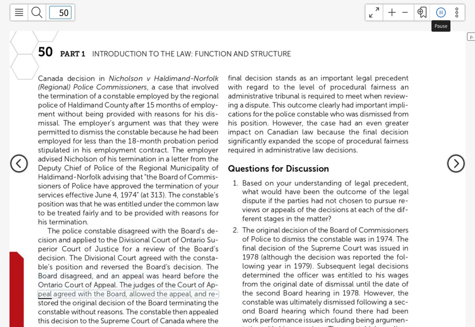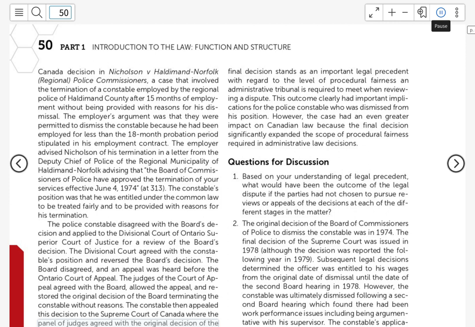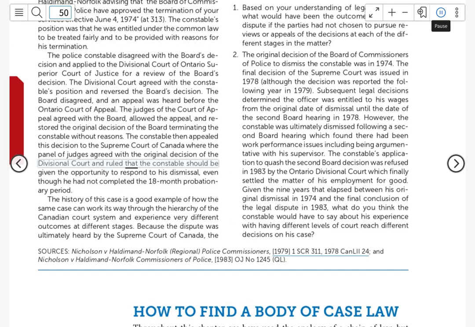The judges of the Court of Appeal agreed with the board, allowed the appeal, and restored the original decision of the board terminating the constable without reasons. The constable then appealed this decision to the Supreme Court of Canada, where the panel of judges agreed with the original decision of the Divisional Court and ruled that the constable should be given the opportunity to respond to his dismissal, even though he had not completed the 18-month probationary period.